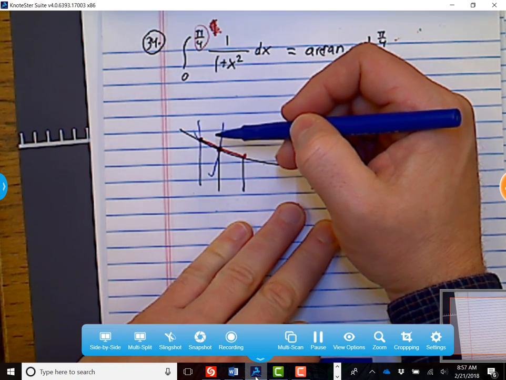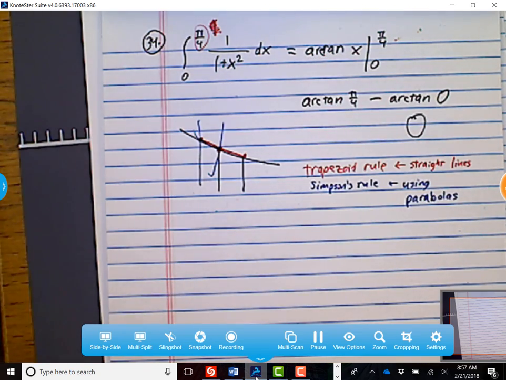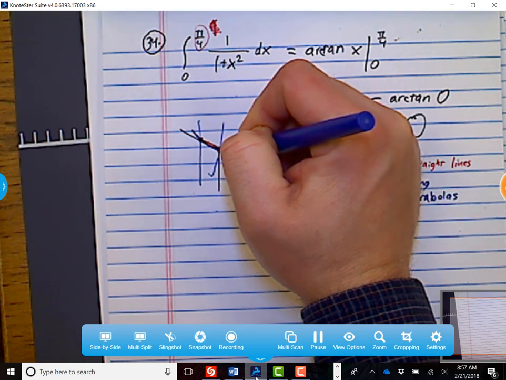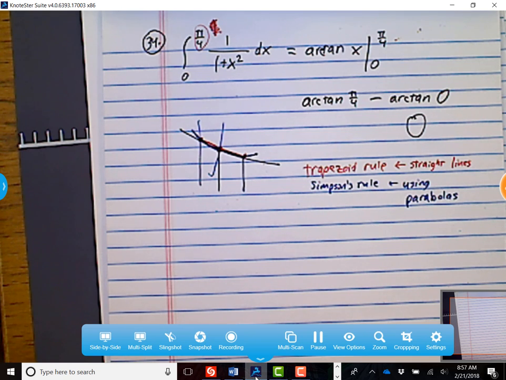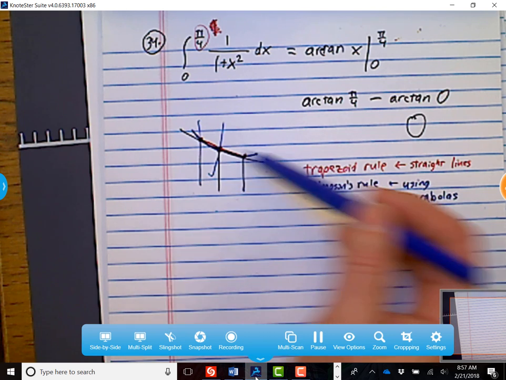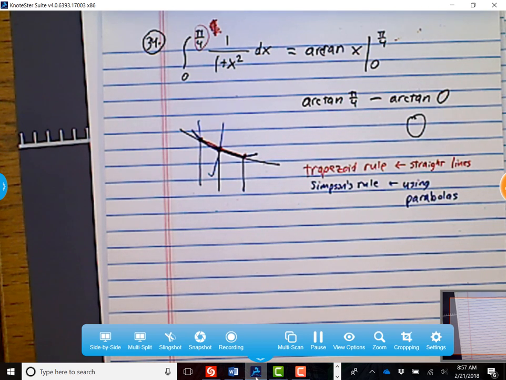But if you give it 3 points, it turns out there's one uniquely defined parabola that goes through there. And that's what Simpson's rule uses as the upper piece of its border. And the parabola will actually be more accurate than the lines will, in most cases. Does that make sense to people? There's going to be less error.